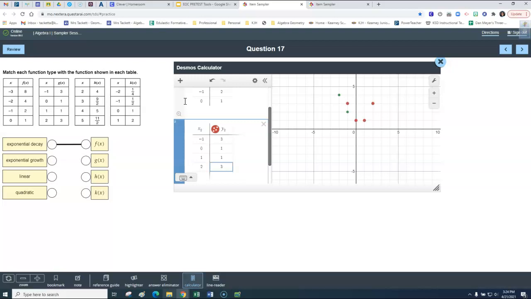So whenever you look at the red dots, what's happening? It's going back up. So if it's going back up, it is actually a quadratic.